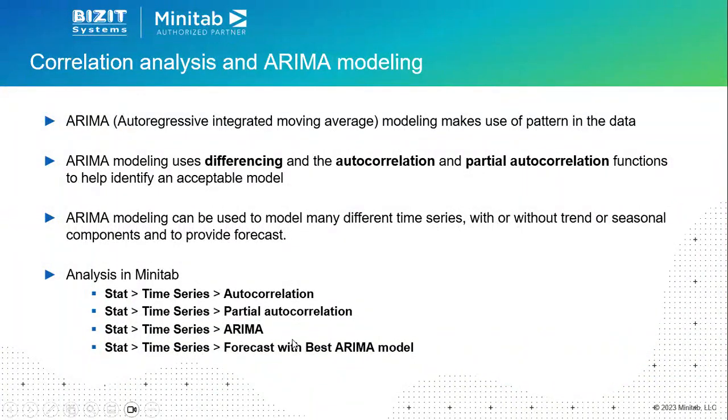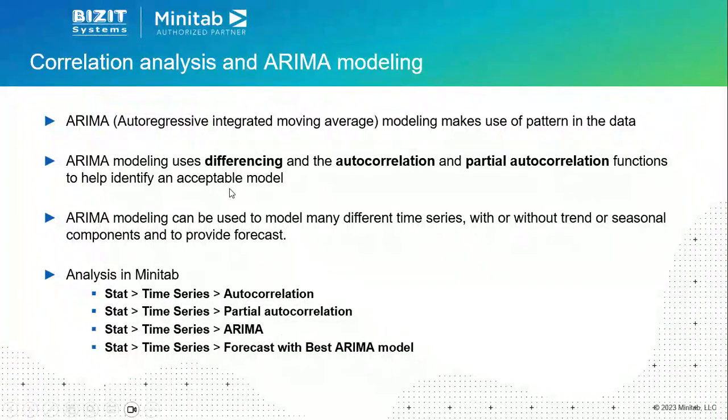So if you don't want to say that one is trend, that one is seasonal, that one is cyclic, you can use the ARIMA model, but make sure you have stationary data to proceed with ARIMA.